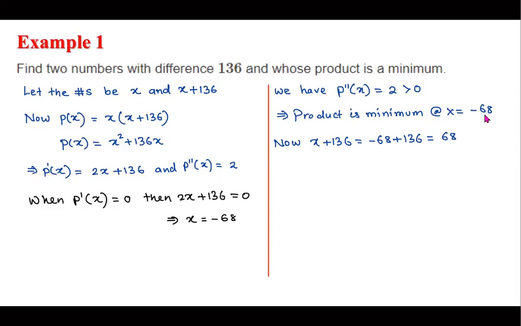So x is negative 68 and x plus 136 is positive 68. So the numbers are negative 68 and positive 68. This is an application problem of the derivative, and here we used the second derivative test to find the minimum value of this product function. That is example 1.